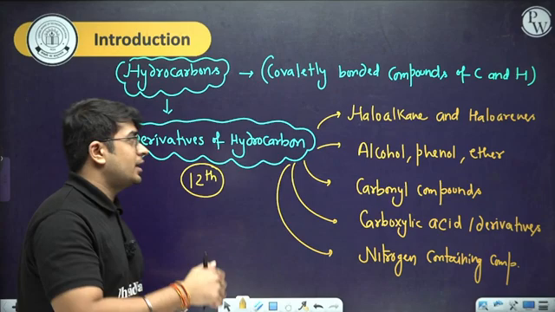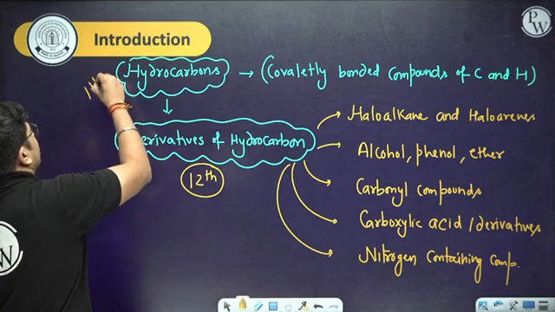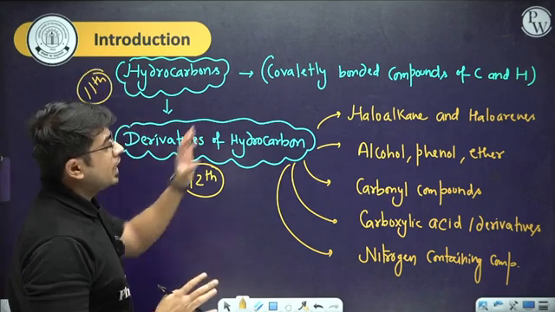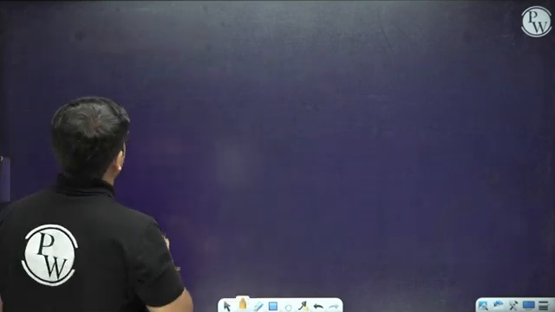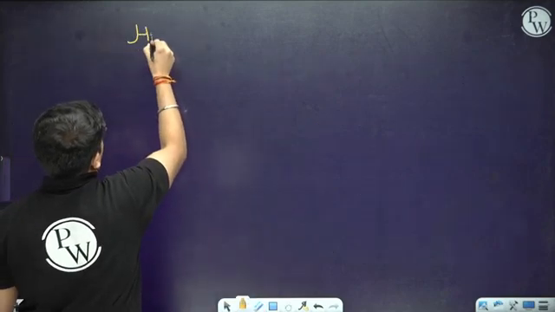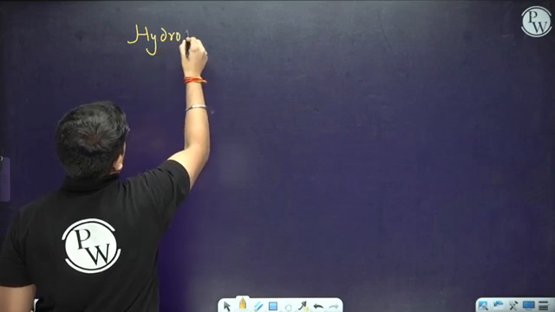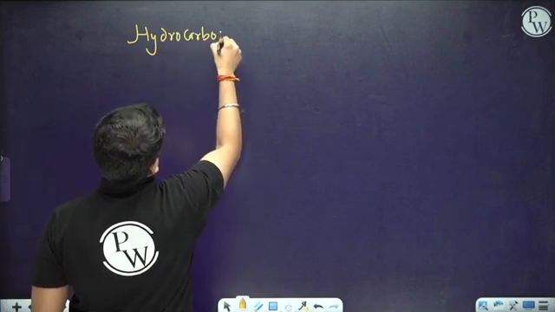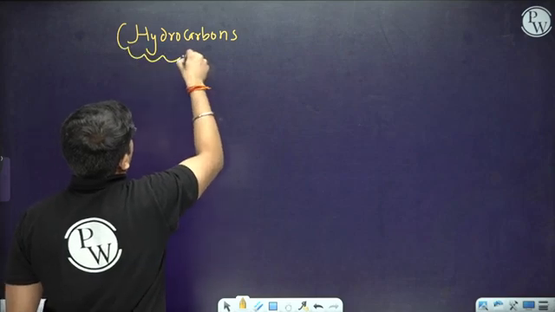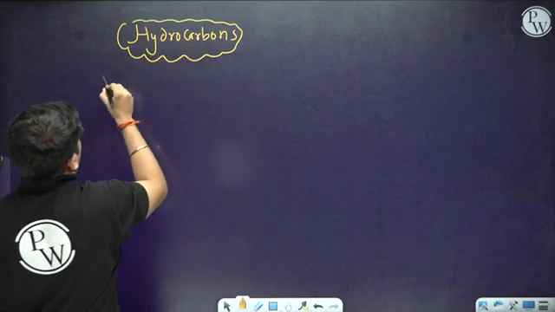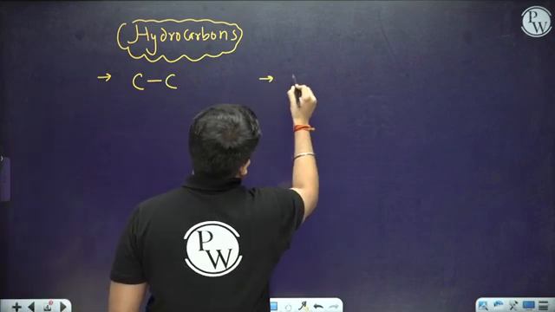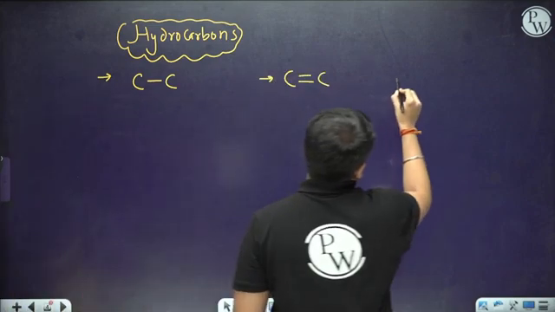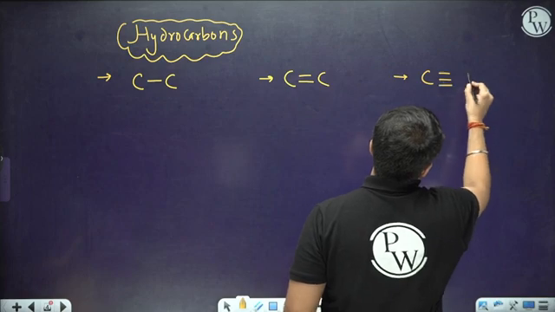But in 11th class only, we have only hydrocarbons. And if I talk about the description of these hydrocarbons, basically in these hydrocarbons we are going to deal with 3 different types of compounds. First one is carbon single bond carbon, next one will be carbon double bond carbon, and last one will be carbon triple bond carbon.